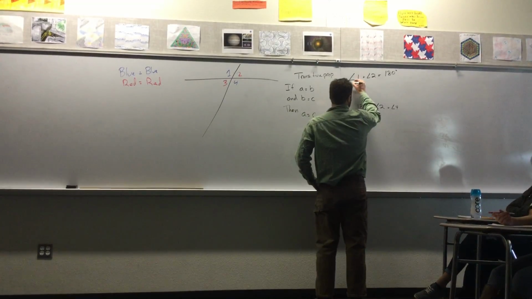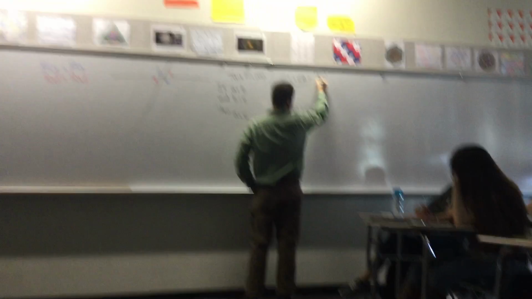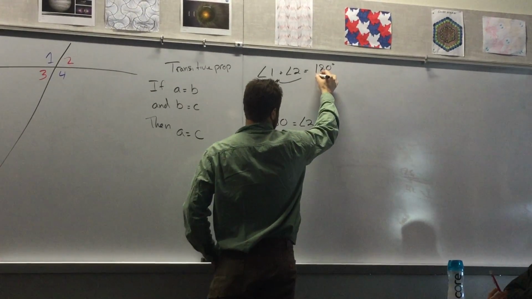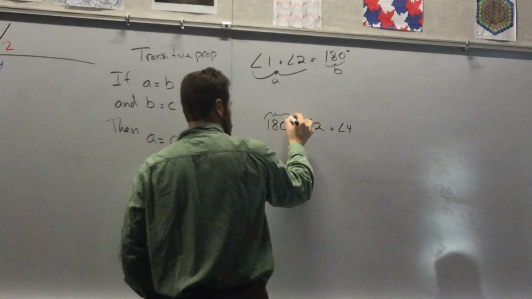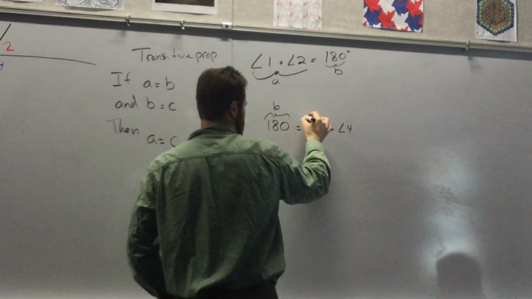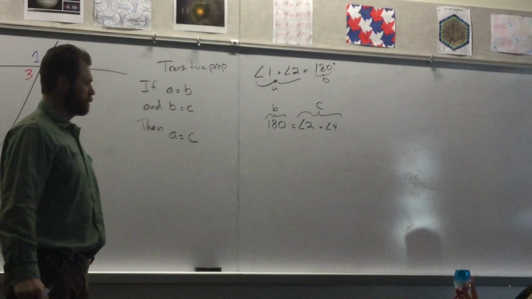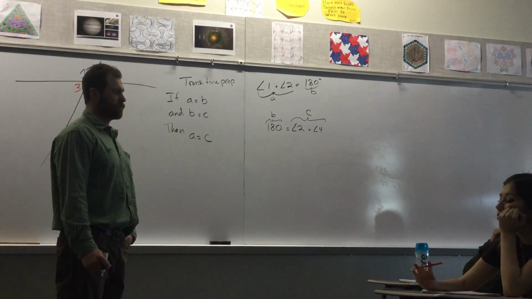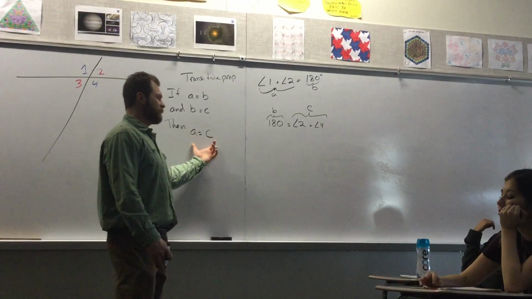Well, let's take a look. What if this is my A, and that's equal to my B? All right? And then look, I have a B here as well, and that's equal to something different, my C. So what does the final statement say?